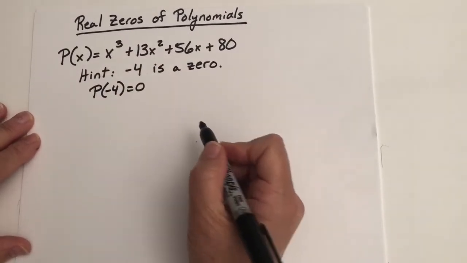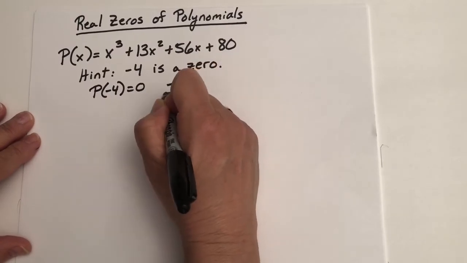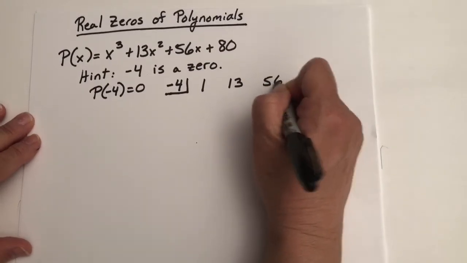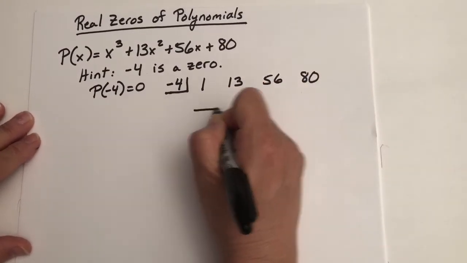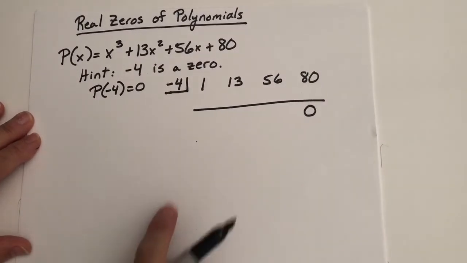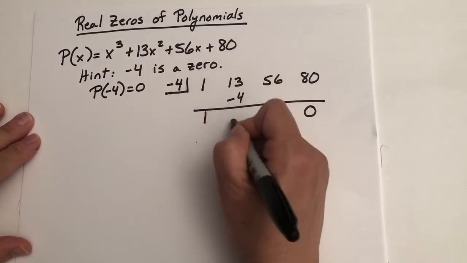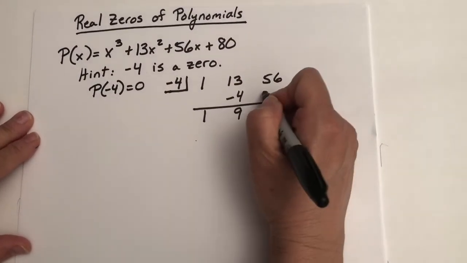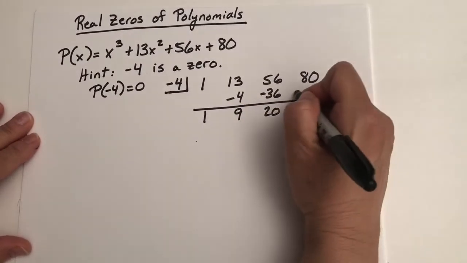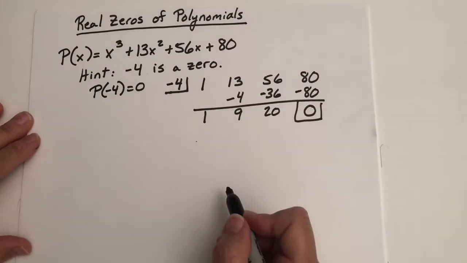And in particular, if we did synthetic division here, and I use my coefficients 1, 13, 56, and 80, I'm guaranteed to have a 0 here. So let's do the division. We bring down our 1, we multiply and add, multiply and add, multiply and add, and there is our remainder of 0.